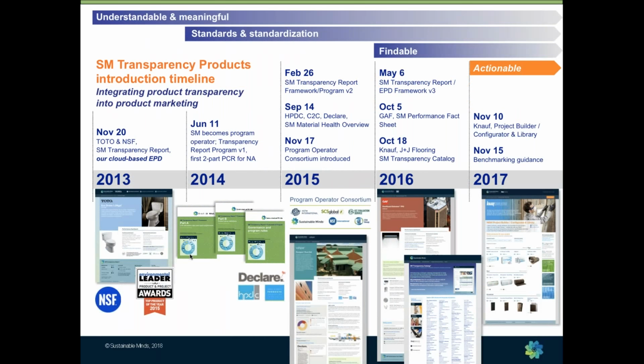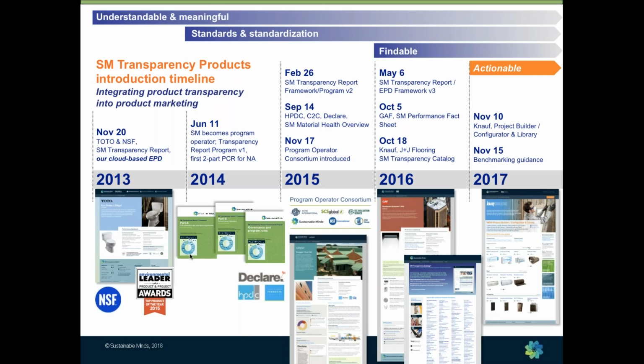This gives you a little bit of a timeline. So we launched our eco concept and LCA software in 2010. In 2012, LEED announced LEED version 4 with product transparency as one of the cornerstone concepts for LEED version 4, saying, all right, we said to the technical community, help us select some scientific method for manufacturers to actually tell us, building professionals, about the environmental performance of their products.